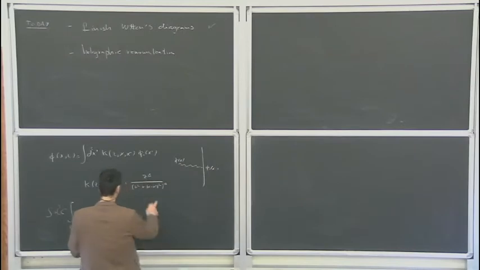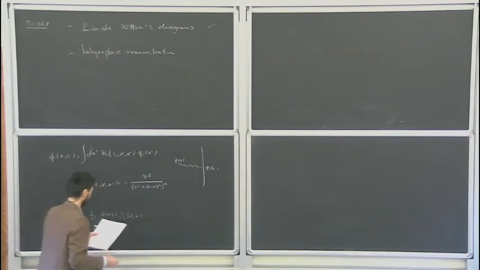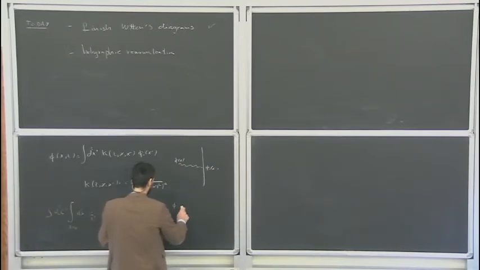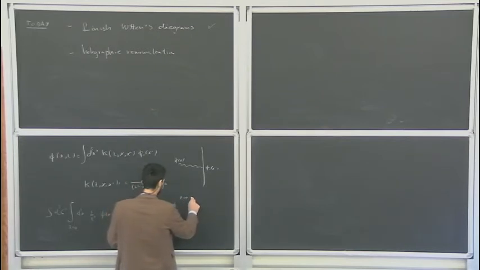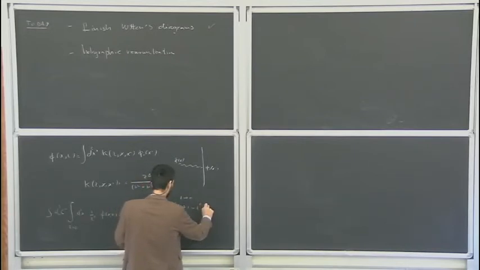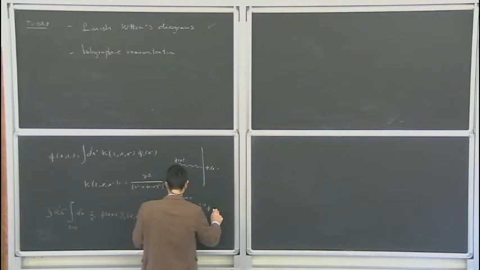And we notice from the behavior of the bulk-to-boundary propagator that indeed, as z goes to 0, phi goes to z to the 4 minus delta times phi naught of x.